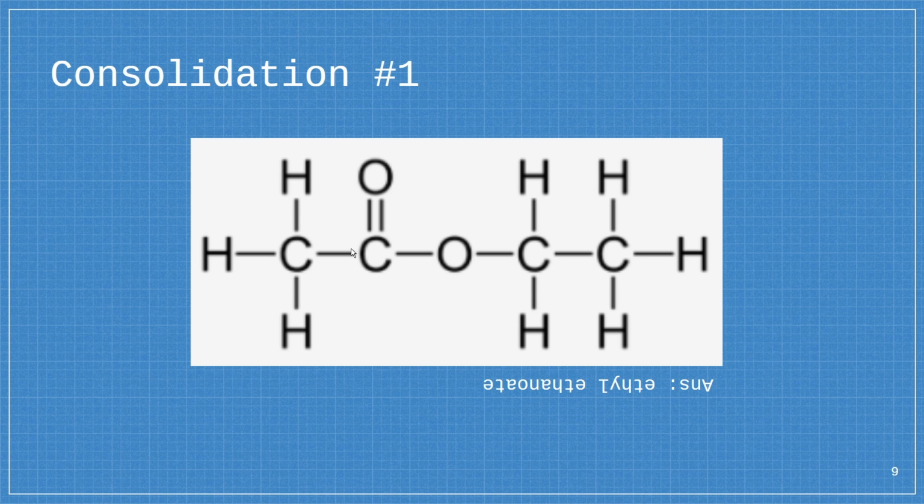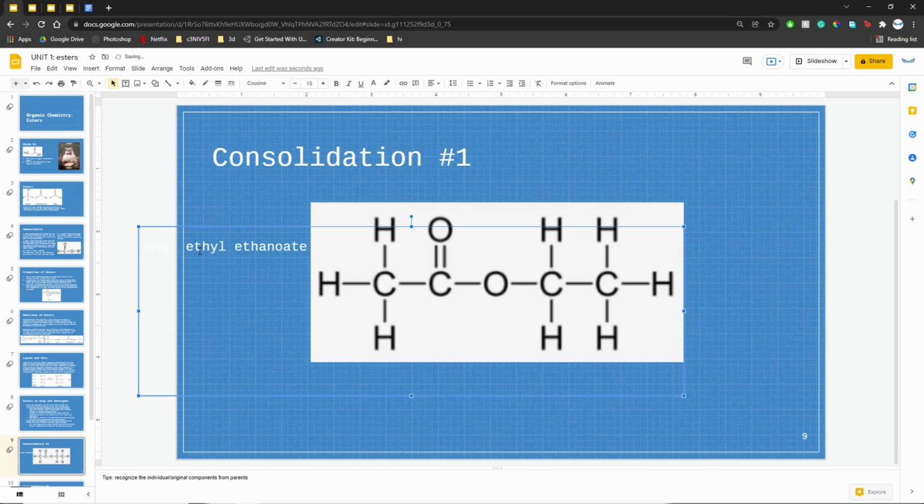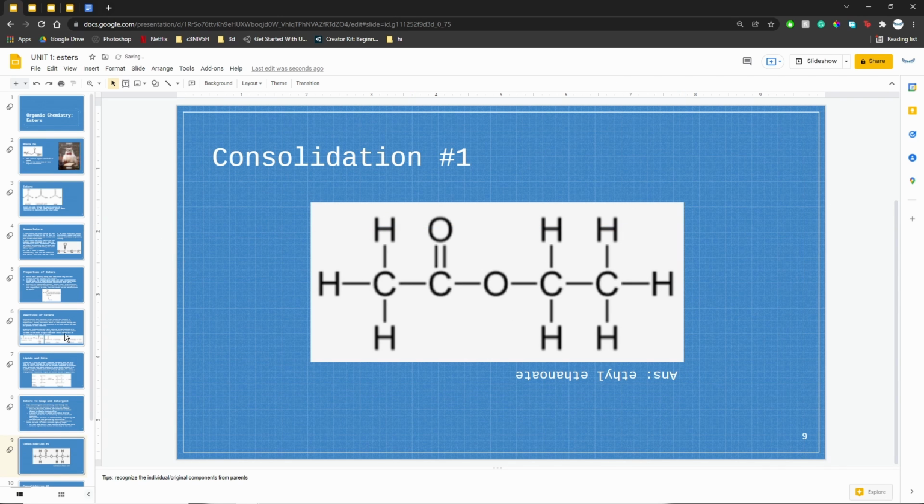And so when we put it together, we put the ethanol in the beginning, but it becomes ethyl. And then we go ahead and we take our ethanoic acid and we change the ending to oate, so we have ethyl ethanoate. And I do believe that is what this should say. Ethyl ethanoate. Correct. So if you got that, you got it right.